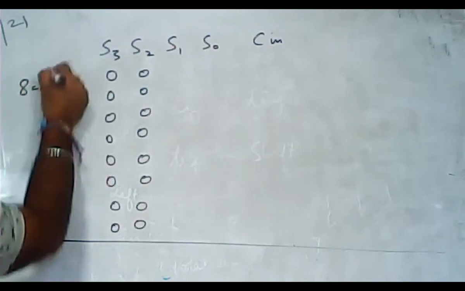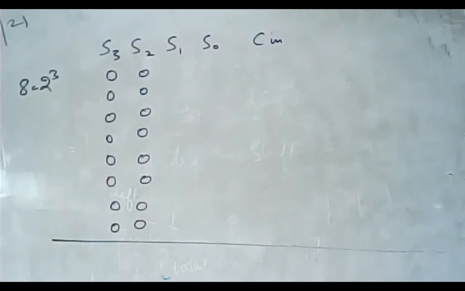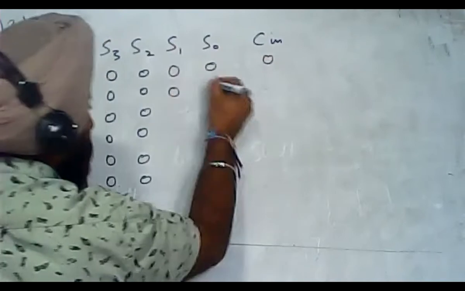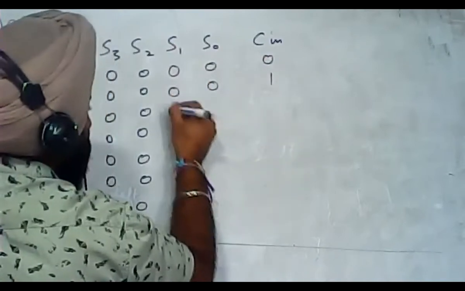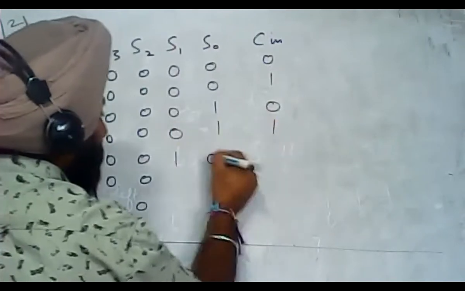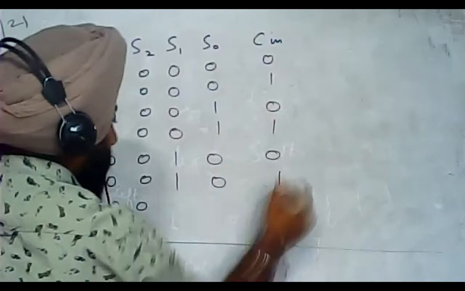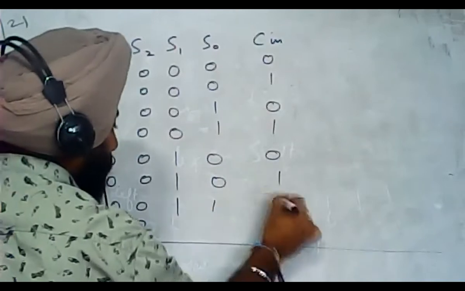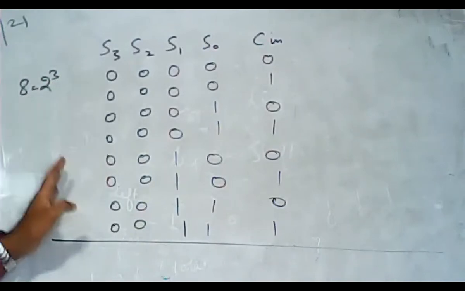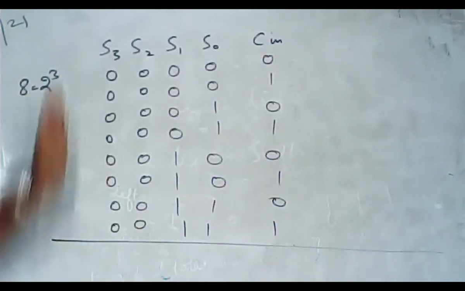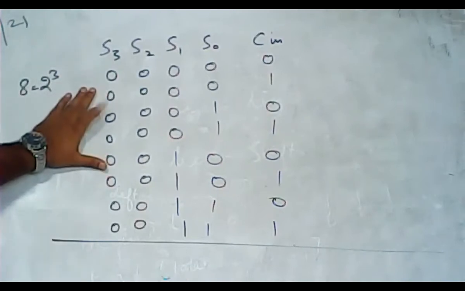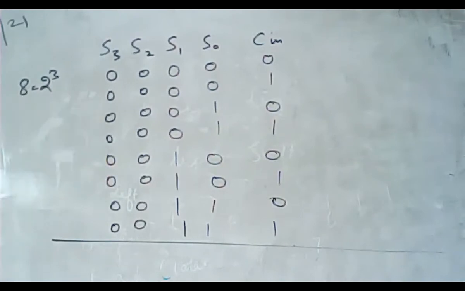So what are the various combinations? 0 0 0, 0 0 1, 0 1 0, 0 1 1, 1 0 0, 1 0 1, 1 1 0, and last but not the least, 1 1 1. So here you can see that a total of 8 arithmetic operations will be performed with the help of this, right?